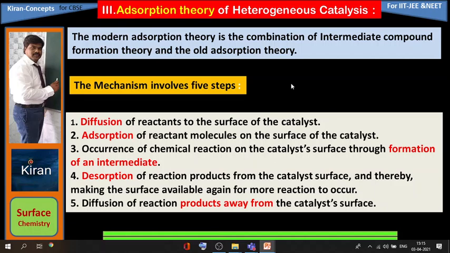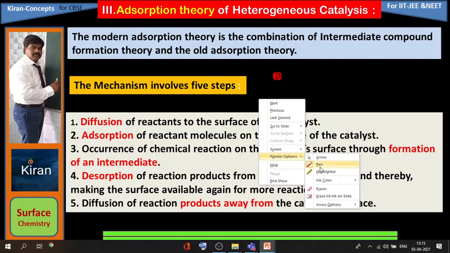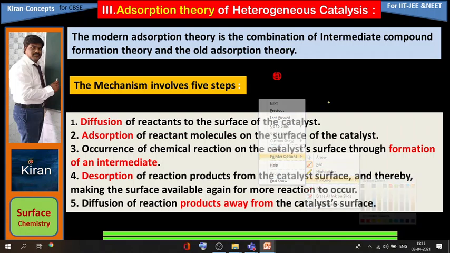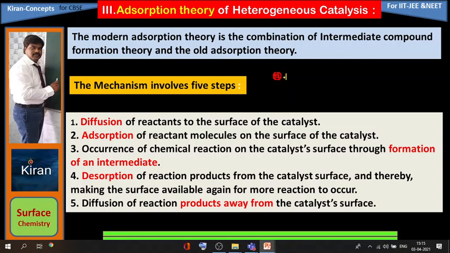So here I have given 5 steps, and very simply I am going to explain them. These two are the reactants. This is A and this is B. These two want to react to form a product like this, A and B combined.